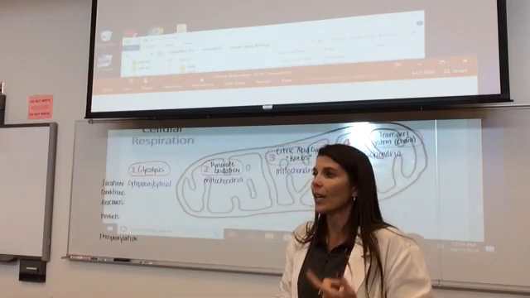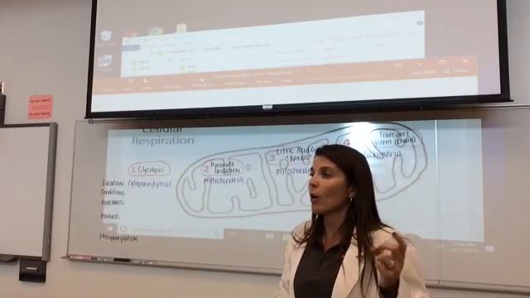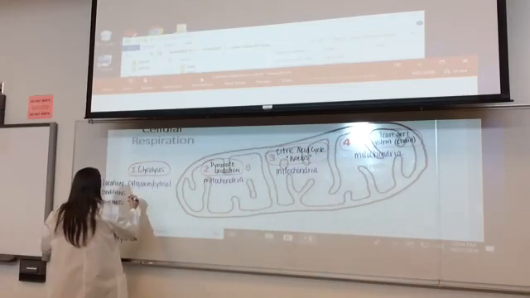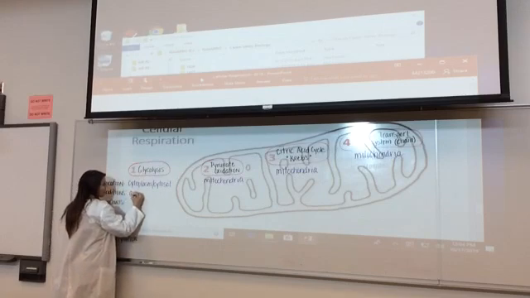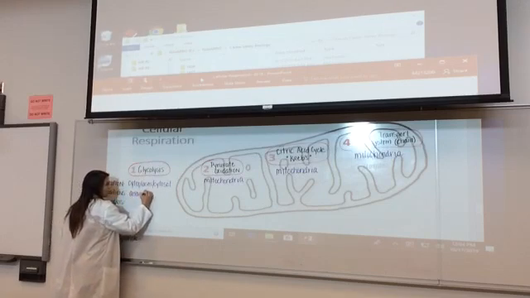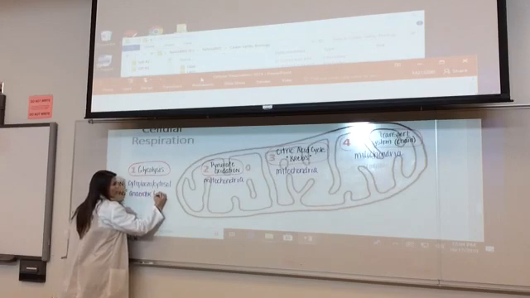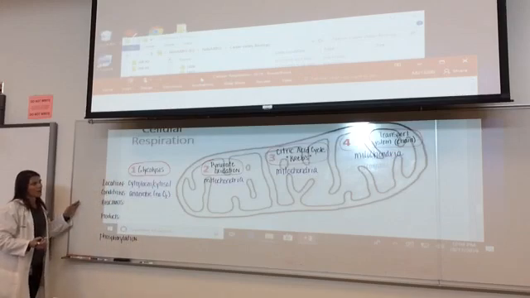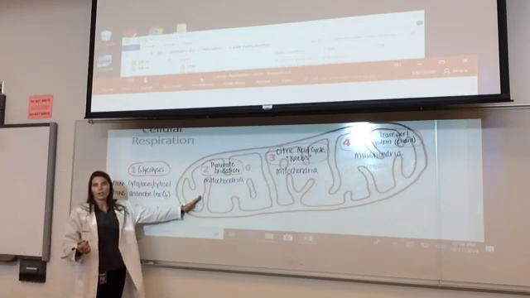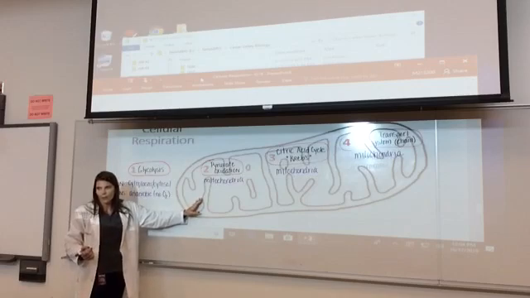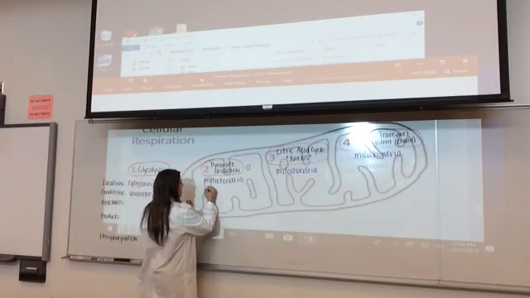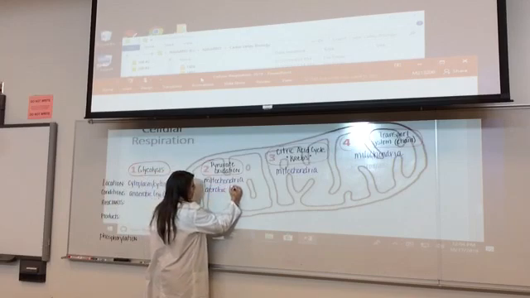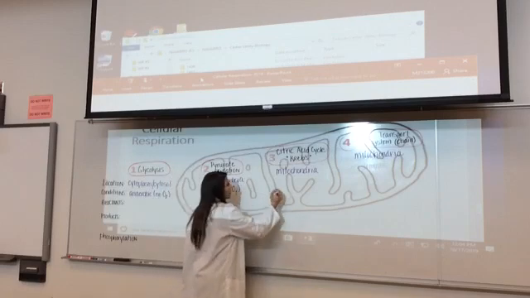No. So are the conditions outside aerobic or anaerobic? They are anaerobic, which means no O2, no oxygen. But once we move inside the mitochondria, we now have access to air or oxygen. So this becomes aerobic, which means it has access to O2 or oxygen gas.